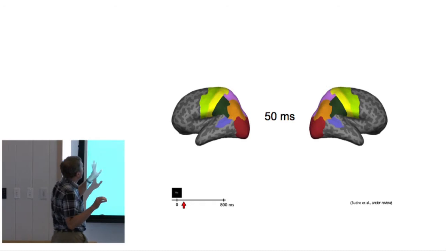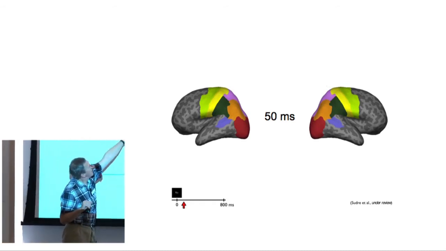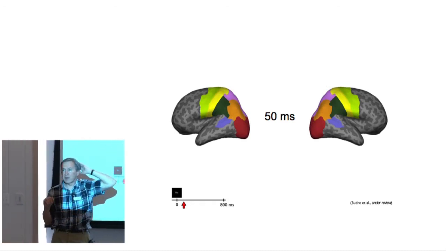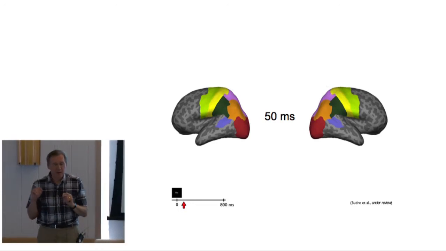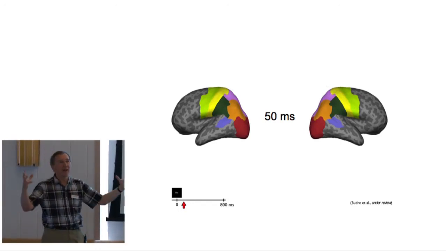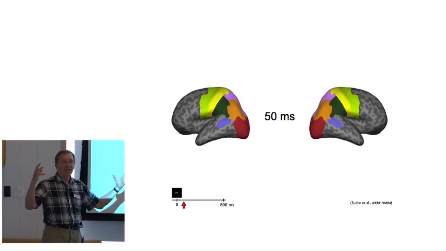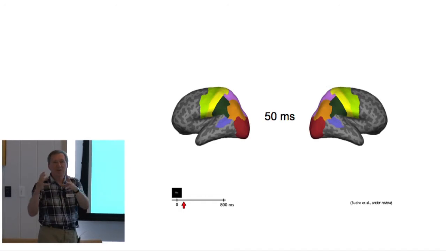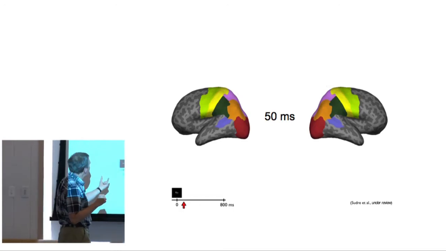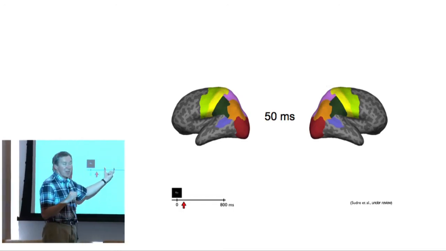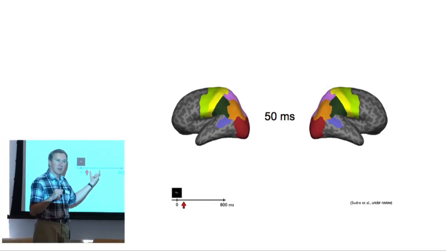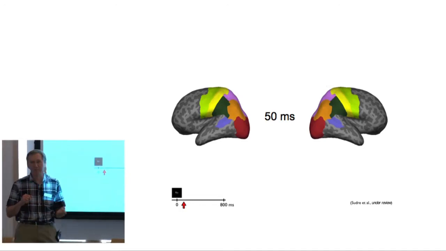Then we found the cortical regions where a subset of those 229 features were most decodable. And then we trained a classifier on 50 millisecond windows moving forward in time.